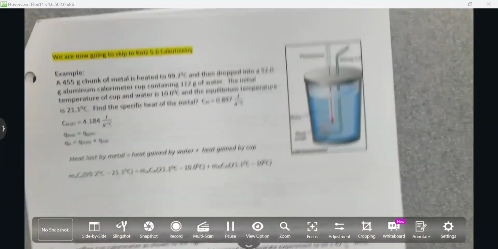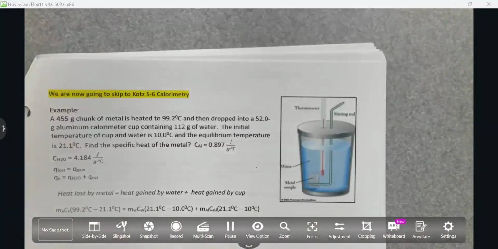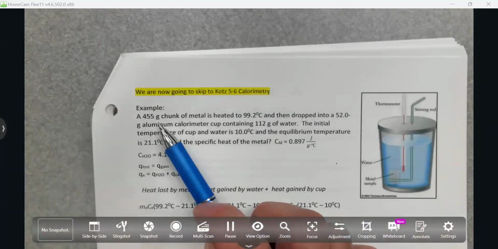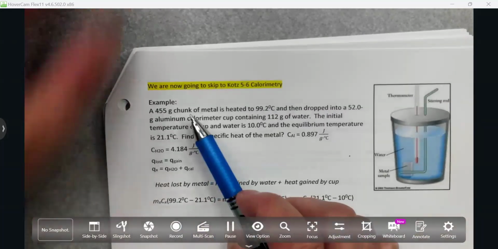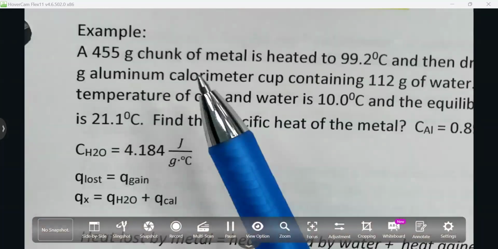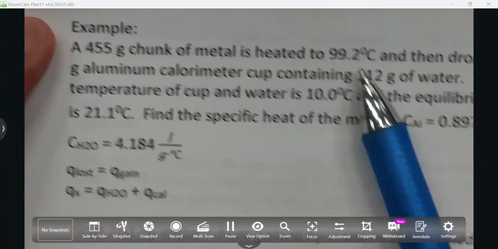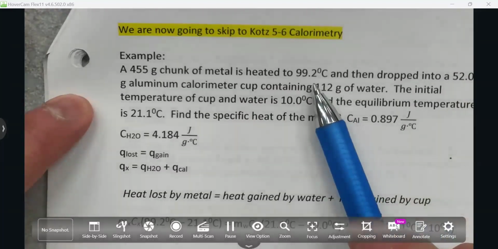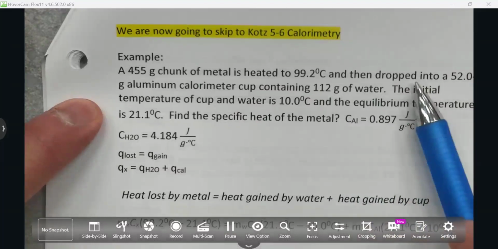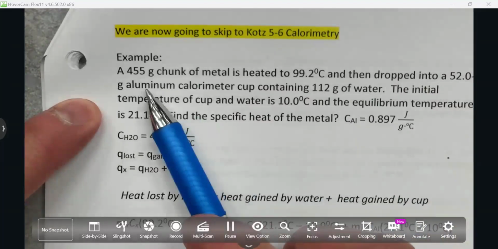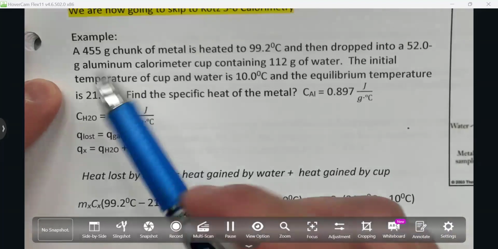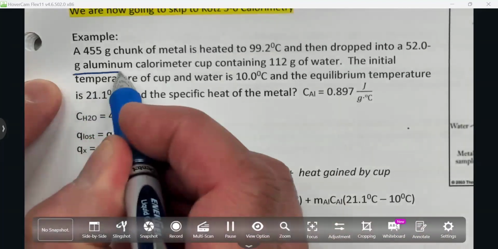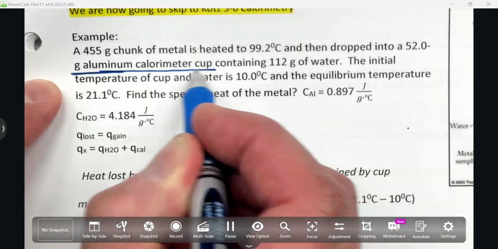So this right here is kind of a similar setup. A 455 gram chunk of metal is heated to 99.2. We just put that in boiling water. That heated up. It's dropped into a 52 gram aluminum calorimeter. So that bomb I explained before is a piece of aluminum, an aluminum cup.